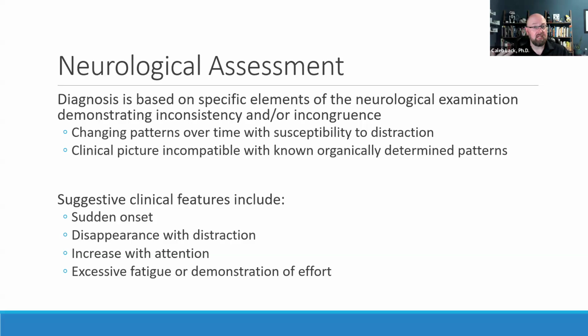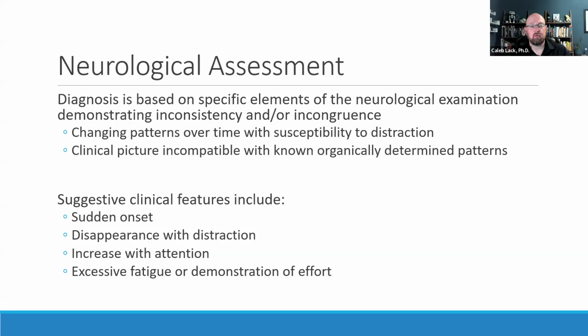So you can basically test whether or not these symptoms are consistent or inconsistent in very specific ways, and we'll go into some of that later. But also the clinical picture just generally isn't consistent with what we know about these organic neurological problems. And again, I'm going to give you some examples of that here in a second with seizures. So, very, very high, good diagnostic level here.